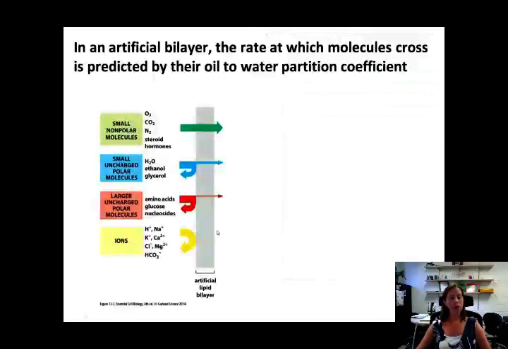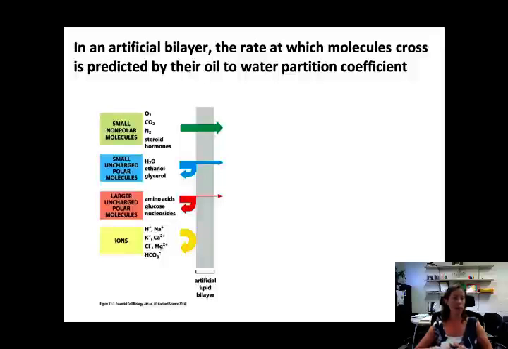So in fact, if you make an artificial lipid bilayer, so you can just mix lipids in an aqueous environment, you can observe how different classes of molecules can diffuse across that lipid bilayer. And as I mentioned, you can predict this based on their oil to water partition coefficient. So small non-polar molecules, such as oxygen or steroid hormones, can diffuse across the lipid membrane very easily. Small uncharged polar molecules generally will not cross the lipid bilayer, but if you manipulate the concentrations, you can force some diffusion across the layer.